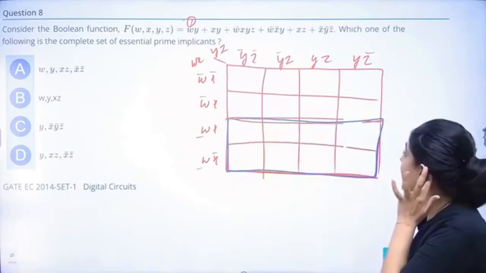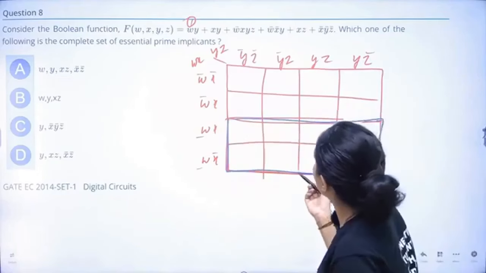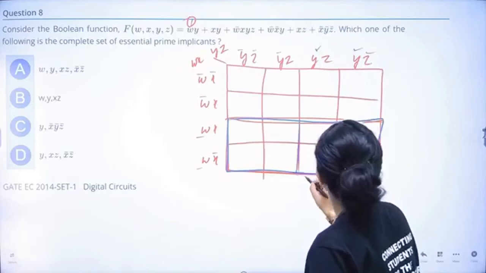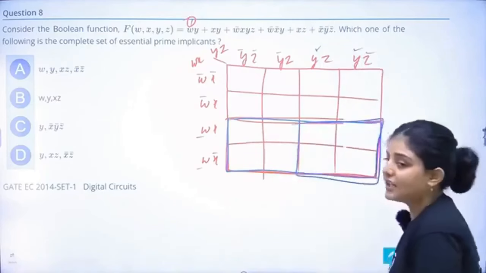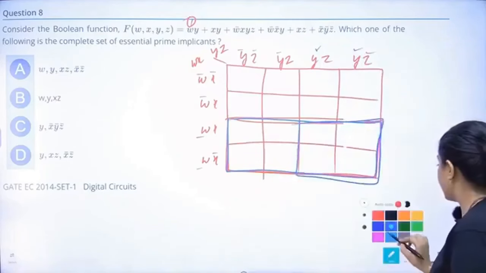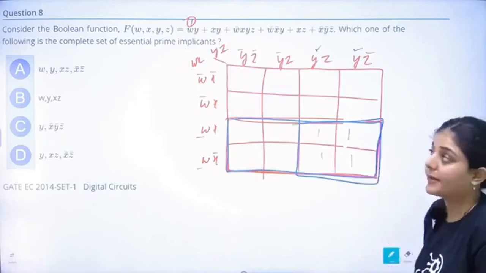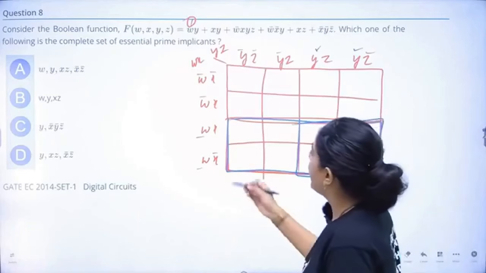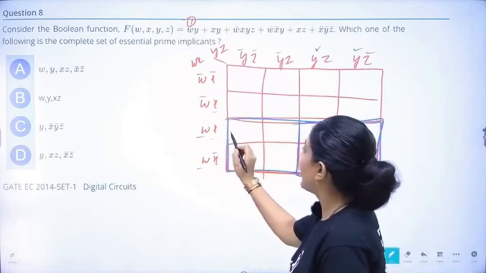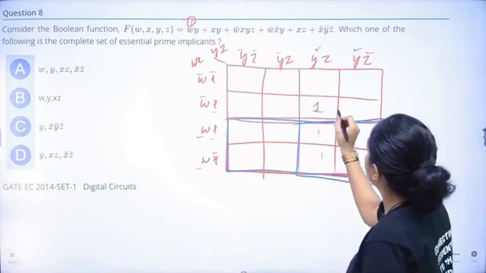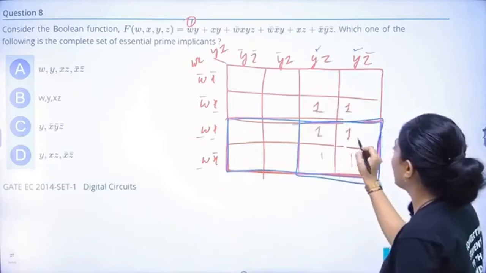Now the other term attached to it is Y. Y is positive here, here. So the common and overlapping region is here: 1, 1, 1. Similar way, X and Y. X is positive here and here, and Y is positive here and here. So it will be 1, 1, 1 and 1.